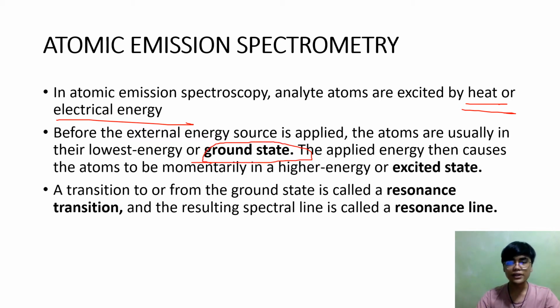The applied energy then causes the atom to be momentarily in a higher energy or excited state. A transition to or from the ground state is called a resonance transition, and the resulting spectral line is called a resonance line.